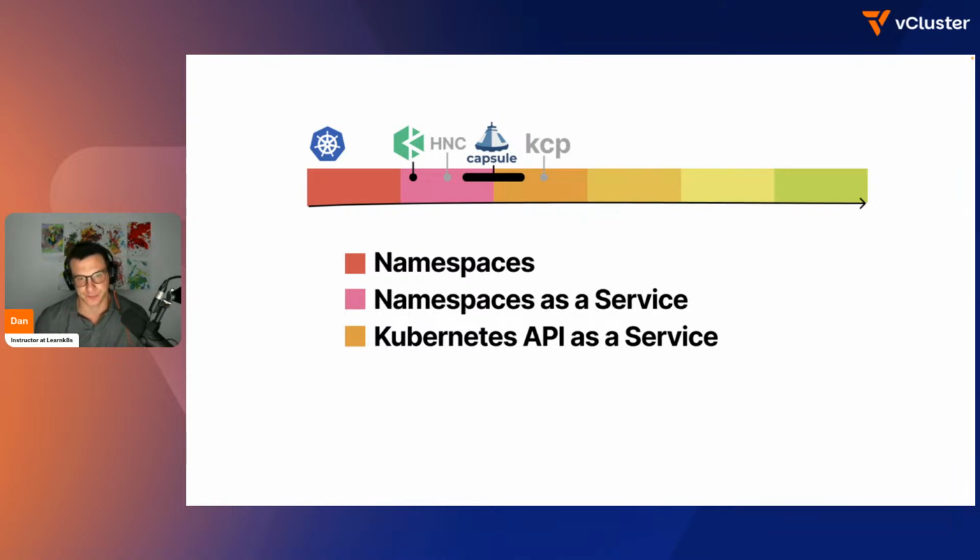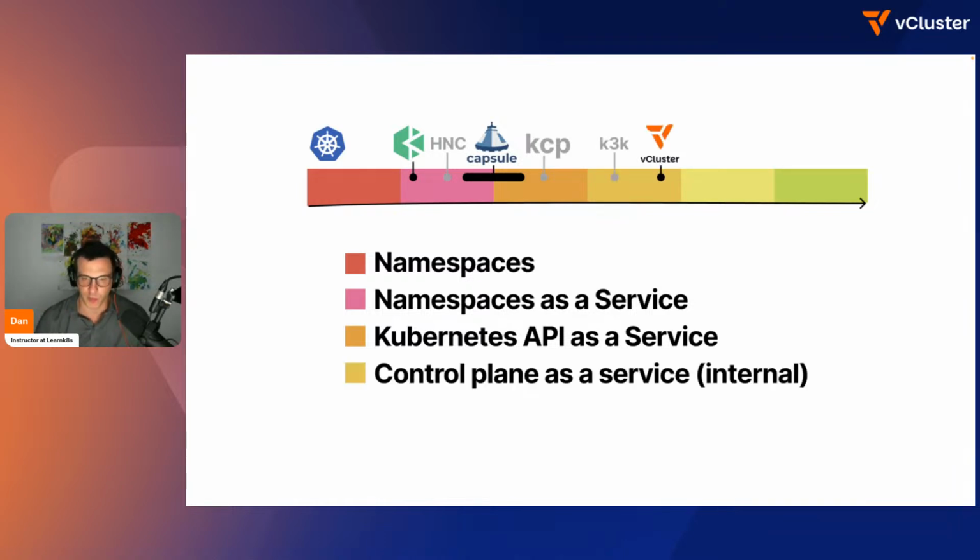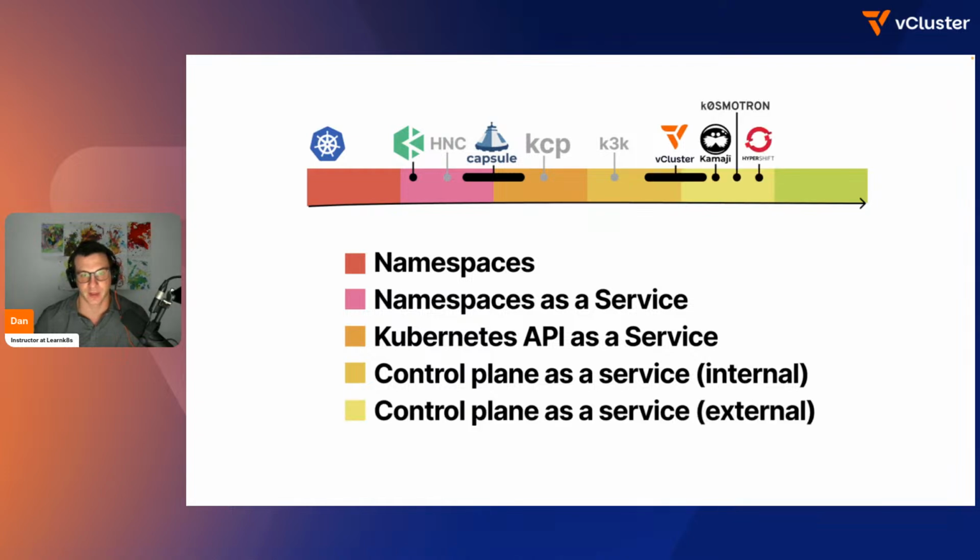and then KCP. And then when we move a little bit to the right in the spectrum, we find control plane as a service, but the control plane is deployed as part of the cluster. So we're still managing a single cluster here. And here we have vCluster and K3K.